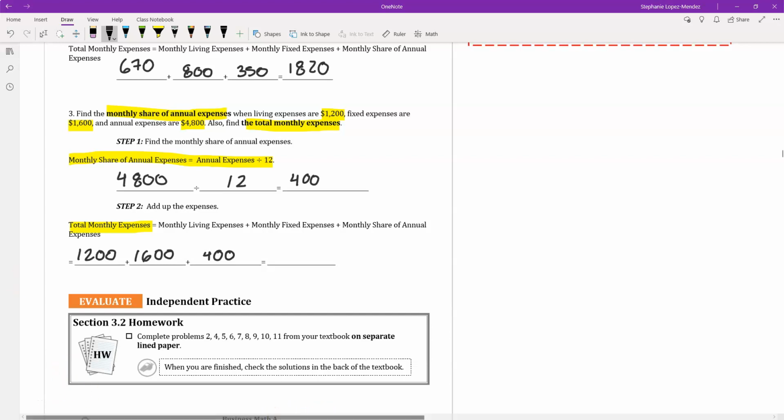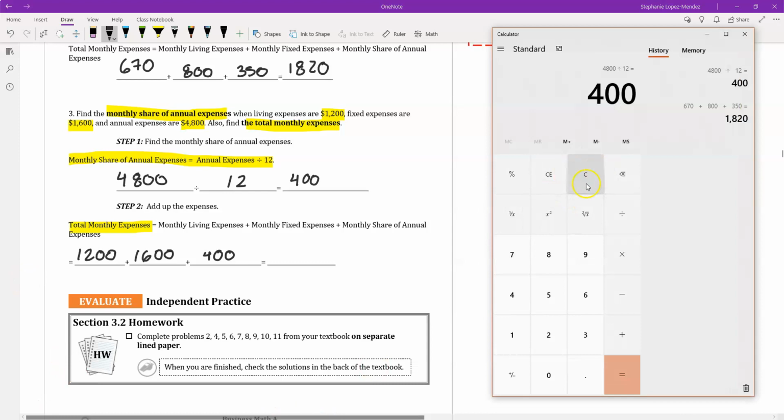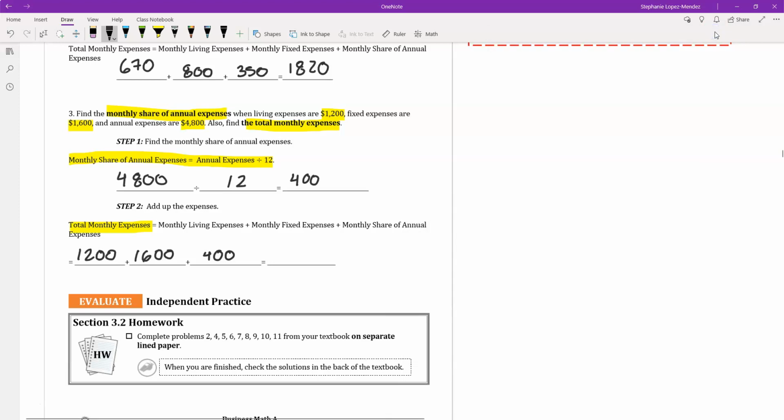We are going to simply add all of the amounts, so that's 1,200 plus 1,600 plus 400. That gives me a total of $3,200. So here is my answer.